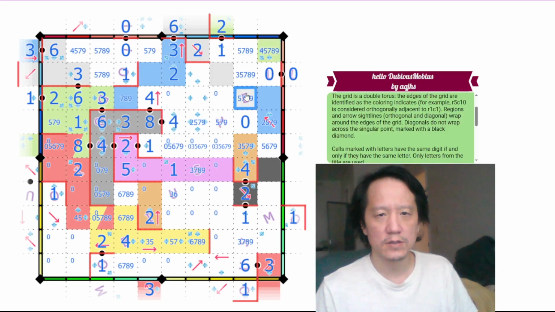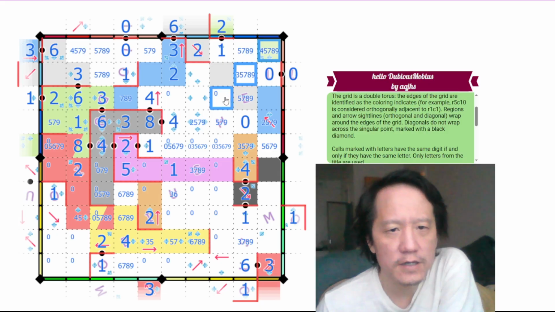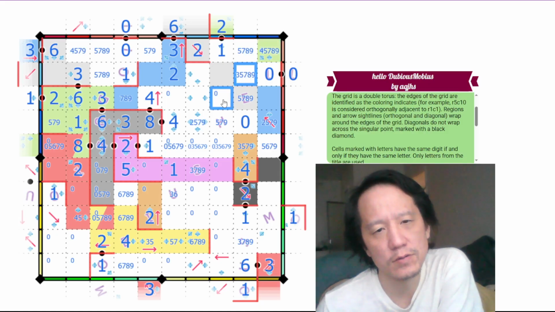And this is at least blue. Huh. Technically, it could go through here.